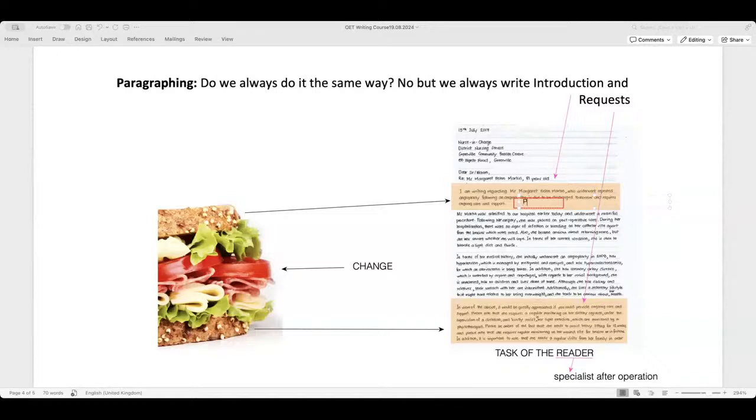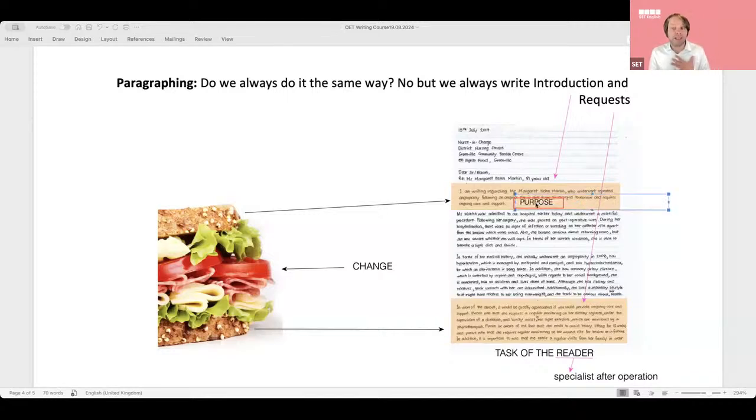Purpose. This is called the purpose, Anna, and you know we speak about this all the time. But this is OET. This is not my opinion. OET says that the purpose of the letter must be immediately clear. Okay, must be given.